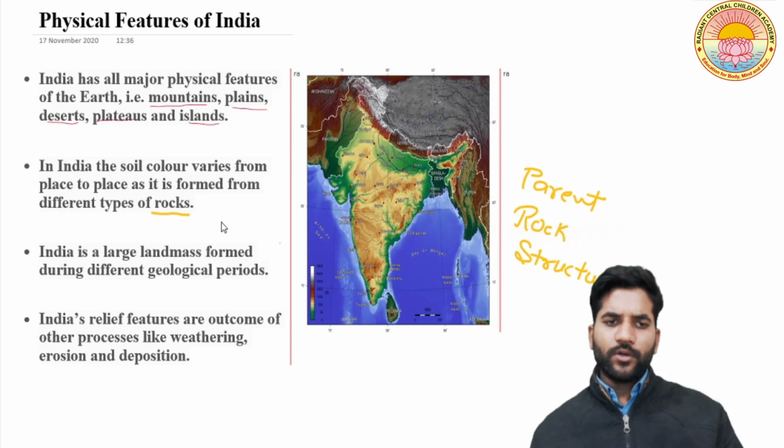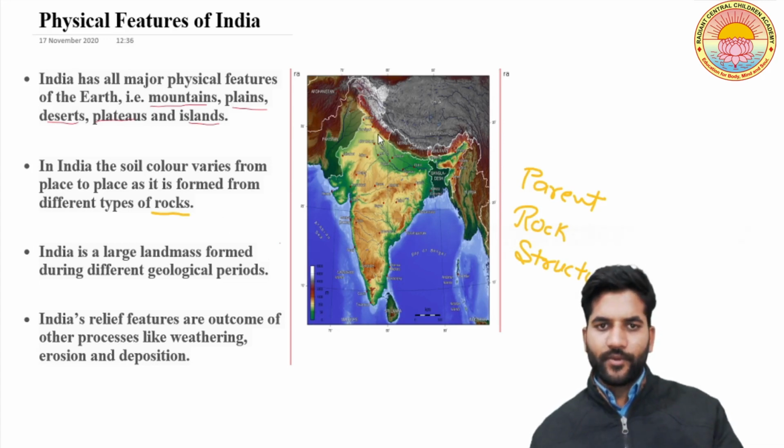And when we talk about the alluvial soil, which is generally found in this plain area, alluvial soil is further divided into Khadar and Bhangar soil. These soils are different from black soils. So basically it is determined by the parent rock.